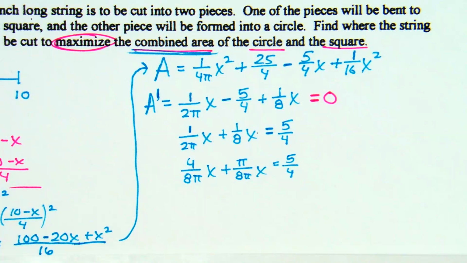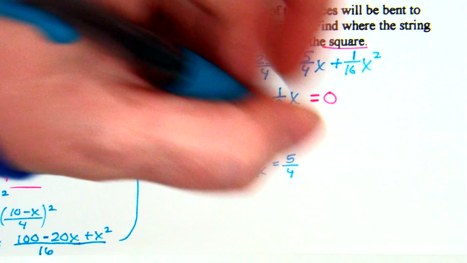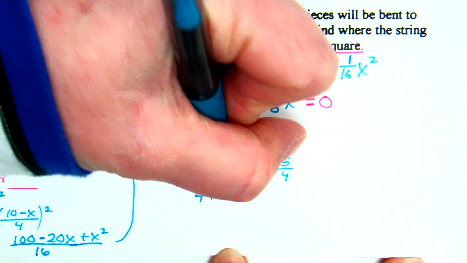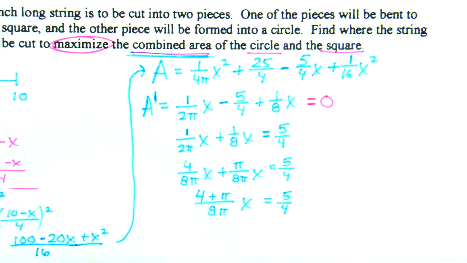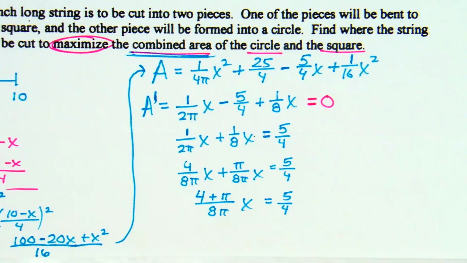When you add these together, the denominator is 8 pi. What's 4 plus pi? We're going to have the fraction 4 plus pi all over 8 pi times x, which is the same result I have on my paper.